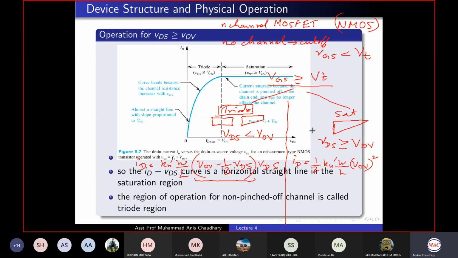You can either have cut off, triode and saturation depending on VGS की क्या सिचुएशन है और VDS की क्या सिचुएशन है. तो इन दोनों इनइक्वालिटीज को आप देखते हैं and then you decide whether you have saturation mode, triode mode or cut off mode.